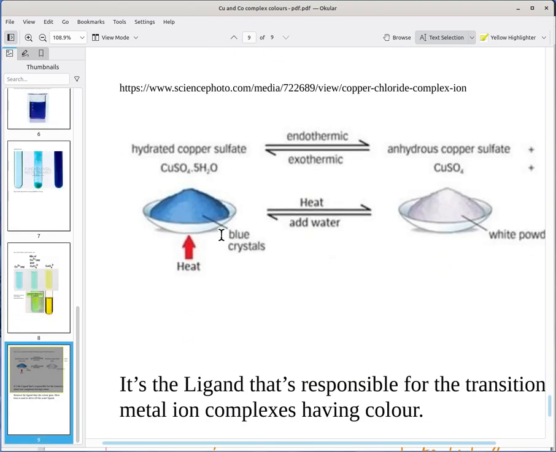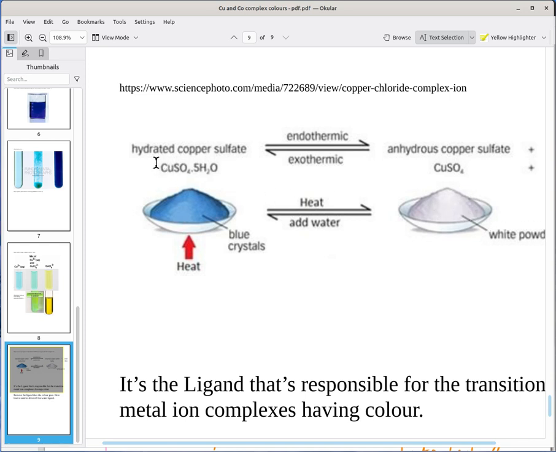Alright, so the color of these compounds is actually due to the ligand, the thing that's bonded to the metal ion. Remember, a ligand is basically a nucleophile, right? It's a species with a pair of electrons which can make a dative bond, or a coordinate bond, as it's called in this topic, to the central metal cation. If you remove that ligand, then it will become decolorized.